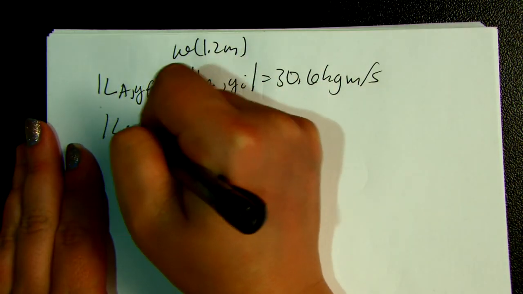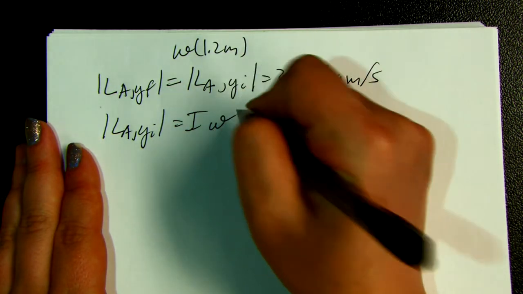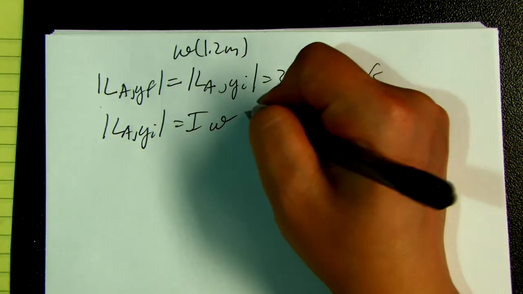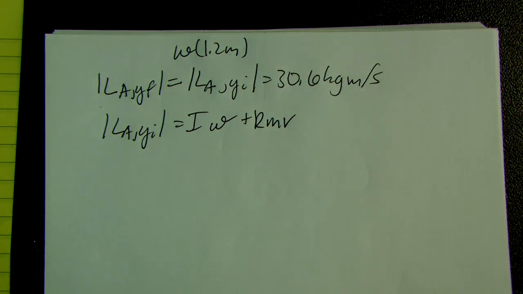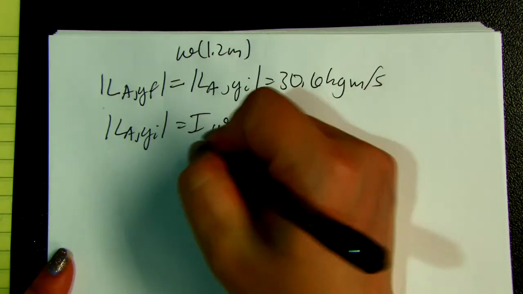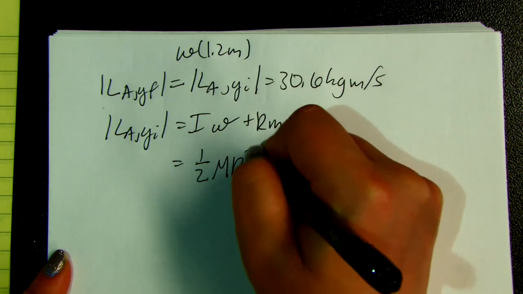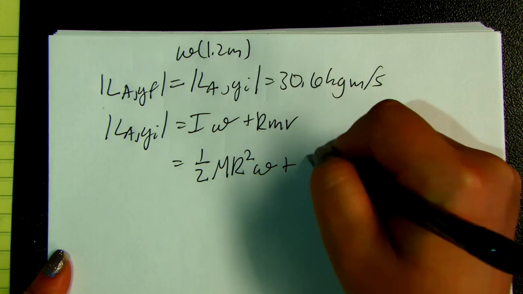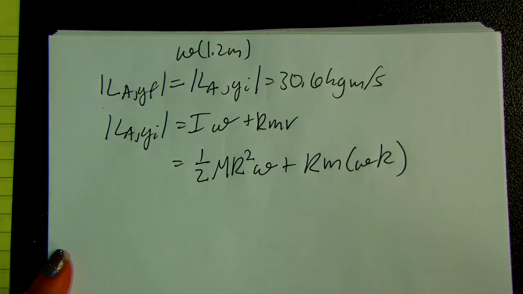Angular momentum y initial is equal to the moment of inertia times omega plus rmv. Again, we're splitting out the two components of angular momentum. So this is equal to 1/2 mr squared omega plus rm omega r.